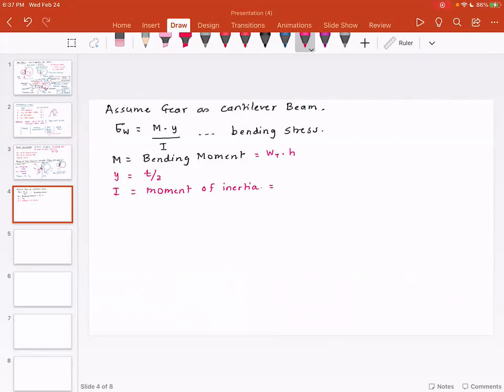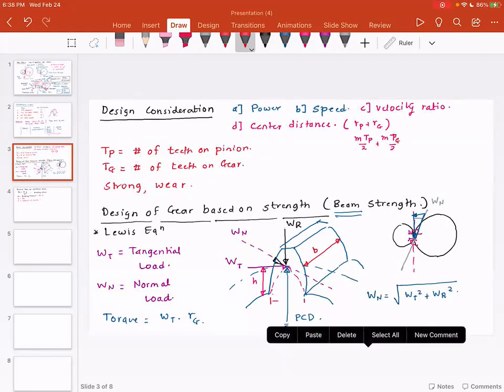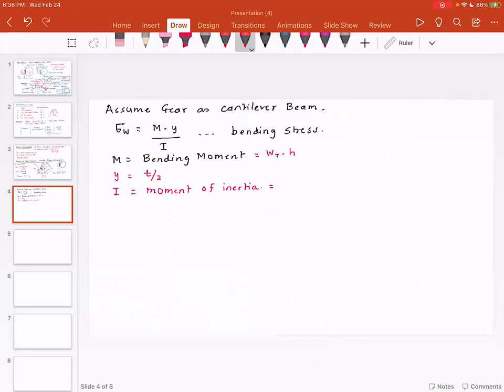For this particular gear profile, let me give you one more dimension. If this dimension is B, I want you to focus on the dimension B and the dimension T. So this dimension is T. I want you to consider the beam of width B and thickness T. So the value of I is going to be B times T cubed divided by 12.